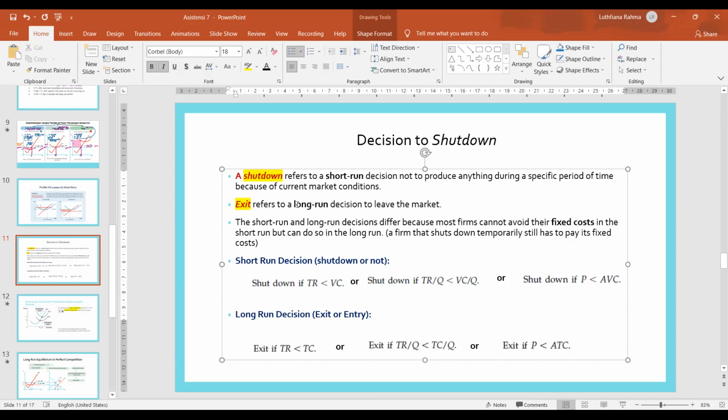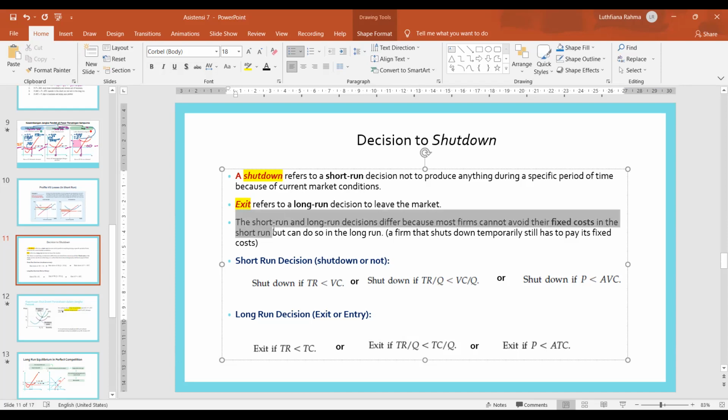For example, if they already had plants, they will close the plants if they choose to exit. But if they choose to shut down, they will not sell the plants. The plants are still there, but the plants are not producing.